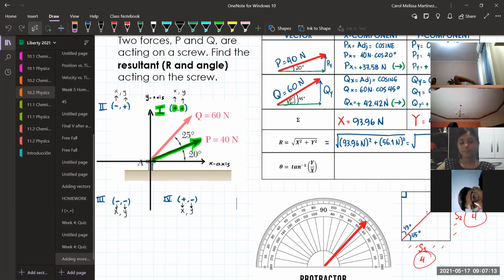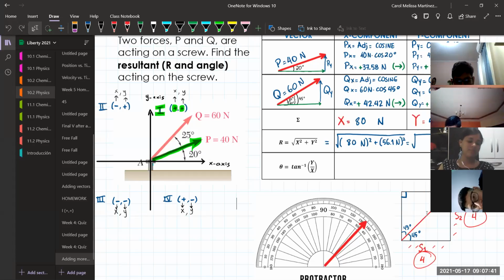Now, let's make a correction here. How much do you get in the x-axis? 80. Okay. Now here in the resultant, the other one is correct.